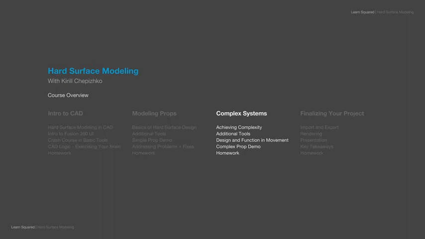Lesson number 3, we're going to talk about more complex systems. We're going to be talking about achieving complexity, what makes the design look more interesting, basically. Again, I'm gonna quickly introduce a couple of more workflows and tools.